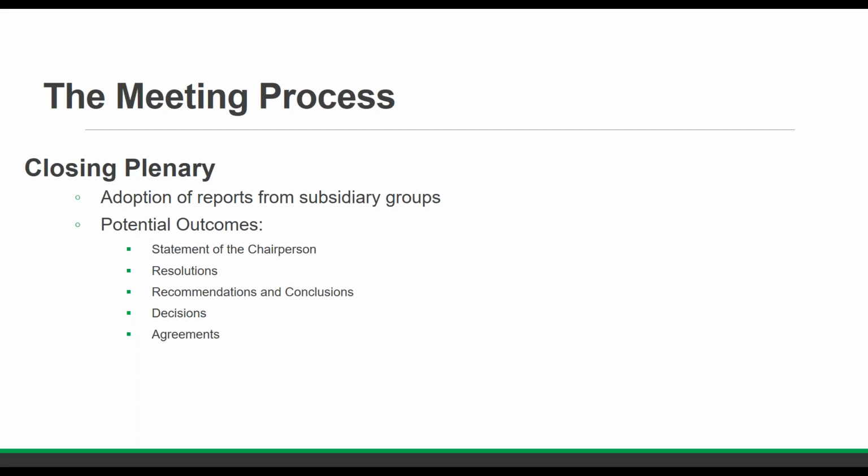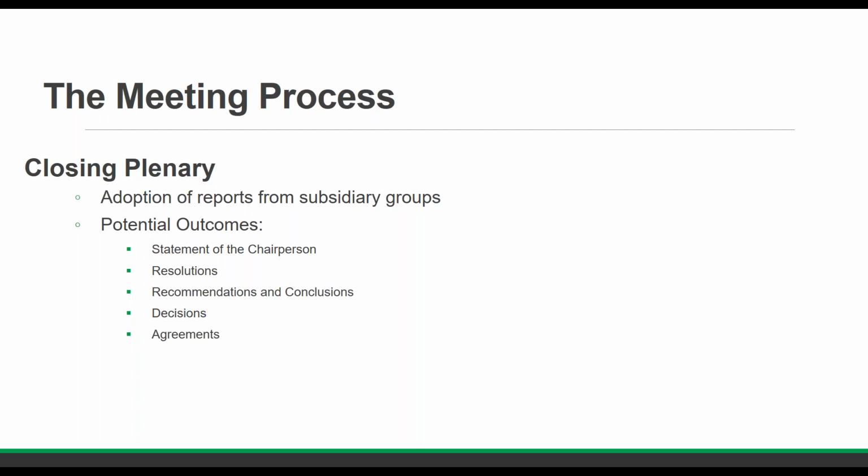And each agenda item will have a first contact group, and that contact group has typically always been open to observers, and usually the first and last informals, depending on the agenda item, are also open to observers.